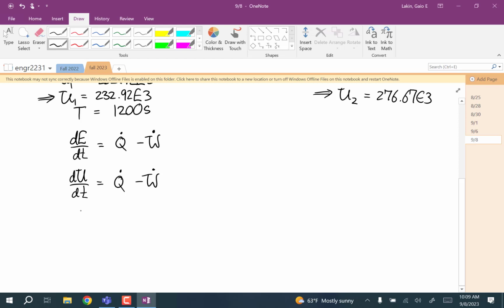So you can think of it like this. du is equal to Q dot minus W dot dt, and then integrate those from state 1 to state 2 in both cases.